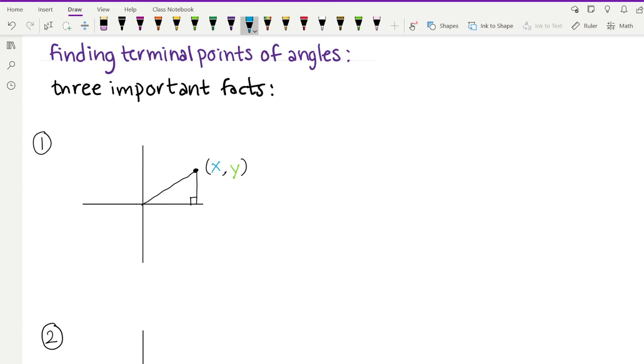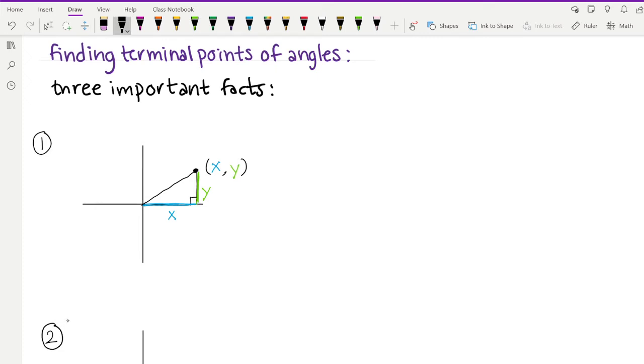Well, the x coordinate is the same as the length of this side, right? This side would have a length of x because that's what the x coordinate measures. It measures how far you're going horizontally from the origin. And then similarly, the vertical side of that right triangle would tell us the y coordinate because that is how far we're going vertically away from the origin.